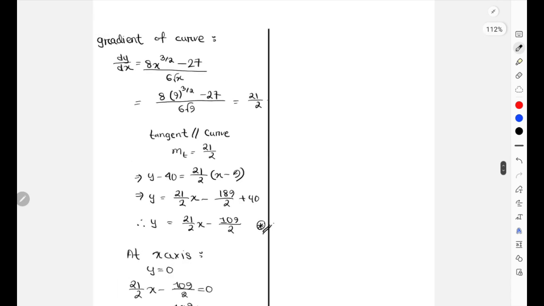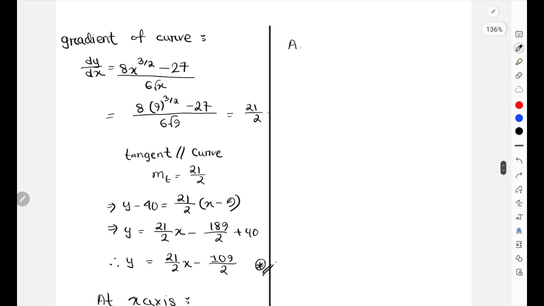Okay. Now the area of the triangle, the area under the tangent mainly. This is half, base was 9 minus 109 over 21, and then multiplied with height, which was 40.